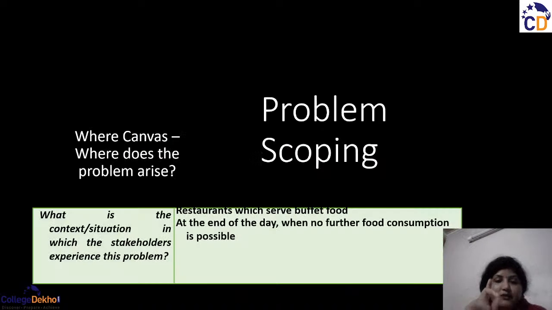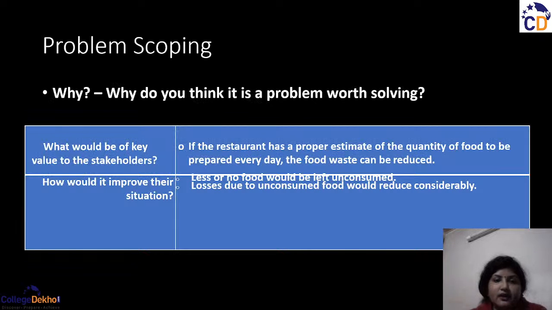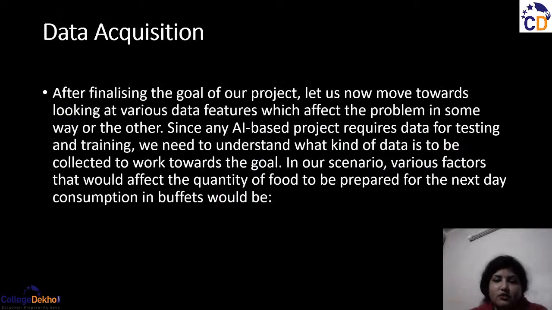So these are the different steps that we have studied today. In the 4Ws canvas, a very important point is that When is not included. We have included only 4Ws: Who, What, Where, and Why. When is not included in our problem scoping part. Then in data acquisition, we have two sources, online sources and offline sources.